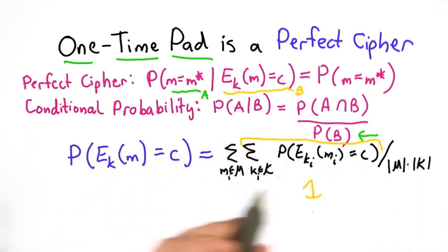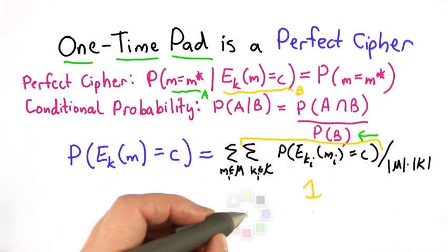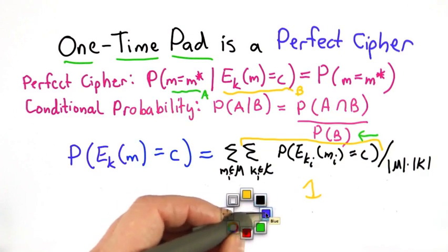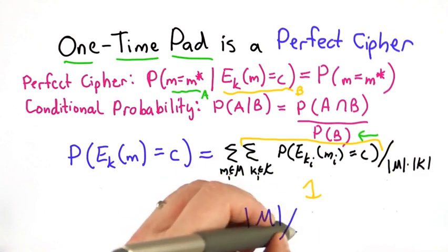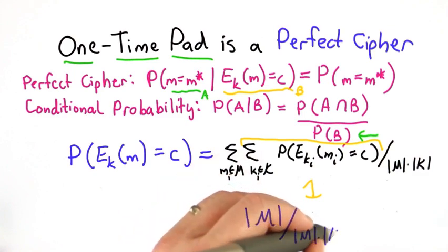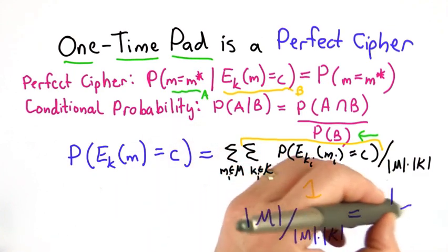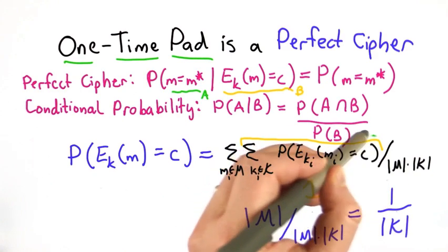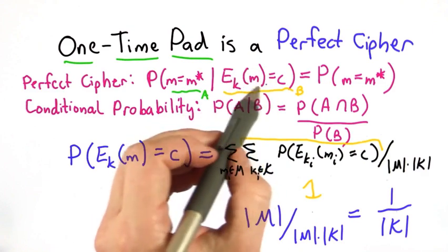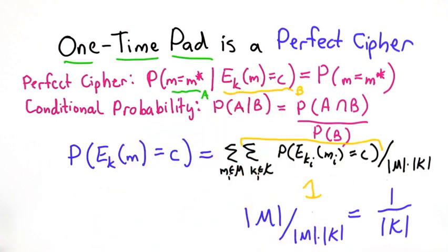So this is 1, and we're summing over all the messages, summing the value of 1. So we're going to get the number of messages divided by the number of messages times the number of keys. So that's equal to 1 over the number of keys. That's the probability of event B, which is the probability that some message encrypts to C. And notice this is computed over all the messages, so that's over the distribution.